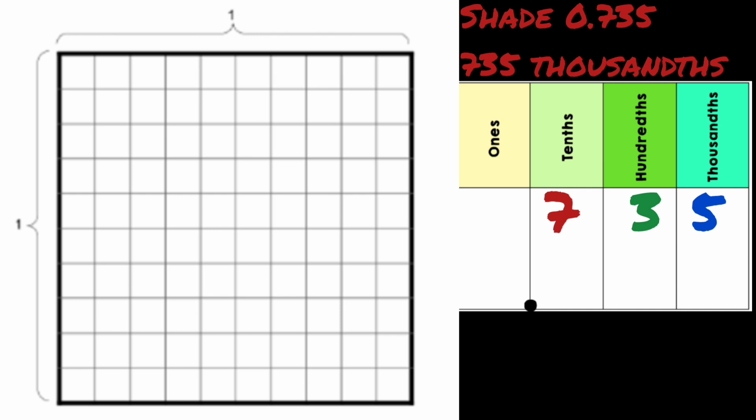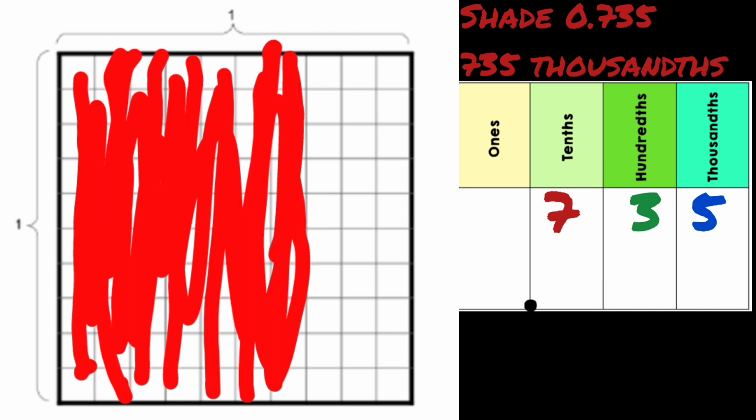So we could represent that 7, because it's 7 in the tenths place, so that means we would have to color in 7 of those sticks, like 7 of the columns, and then we'll color in 3 of the small squares to represent our 3 hundredths. Now it gets a little tricky because we need to represent 5 thousandths on a hundredths grid.